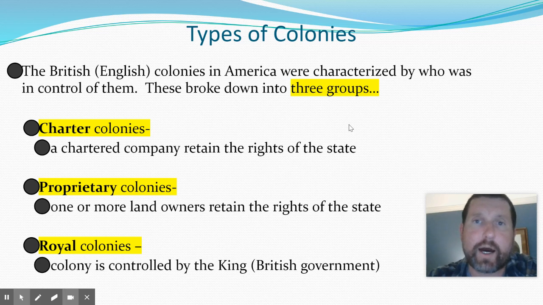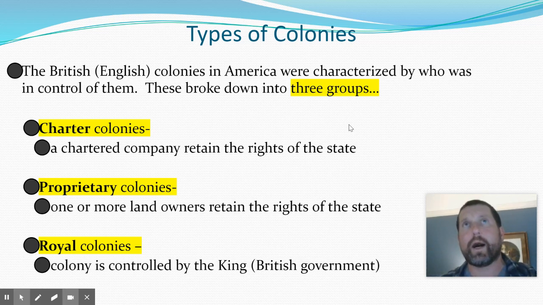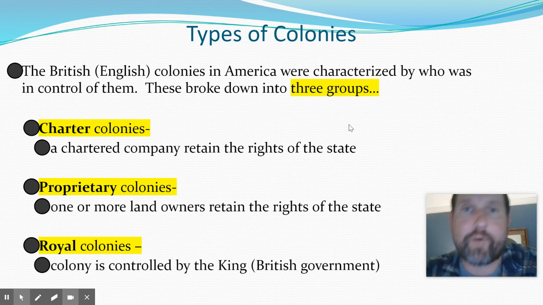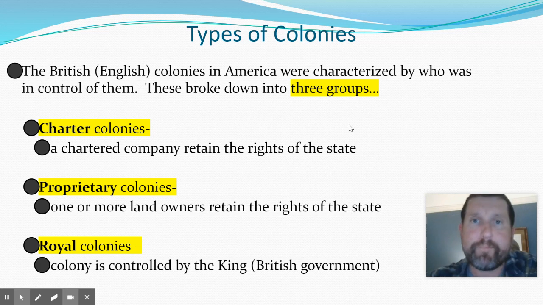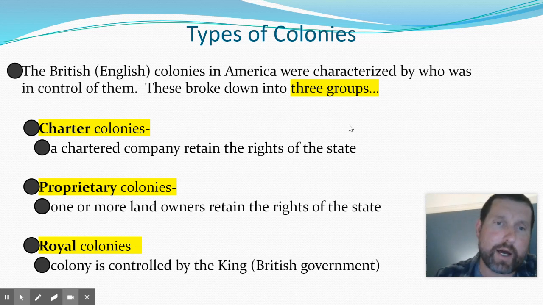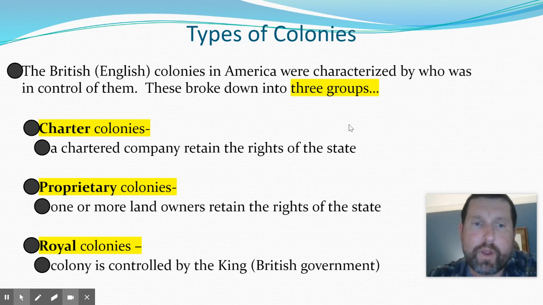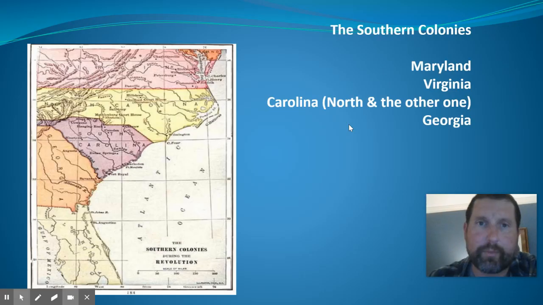And the charter colony helps to disperse the risk and the expense of founding and funding a journey and a voyage and the establishment of a colony. So a charter colony really is kind of like a business venture. Okay, and we'll talk a little bit more about that.